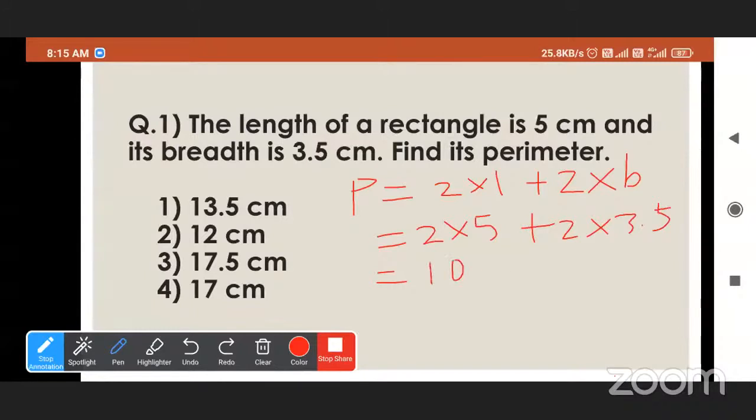And 2 into 3.5 is 3.5 plus 3.5, that is 7. 10 plus 7 is 17 centimeters. So which one is the correct answer? Fourth. Good.